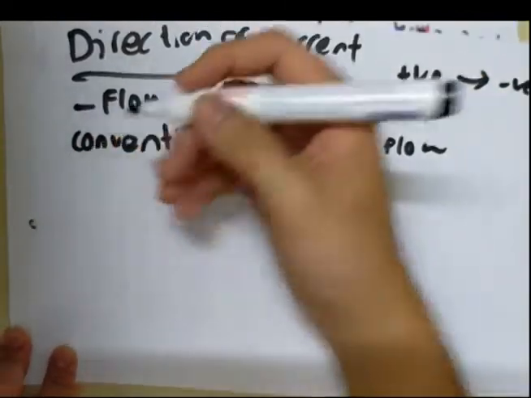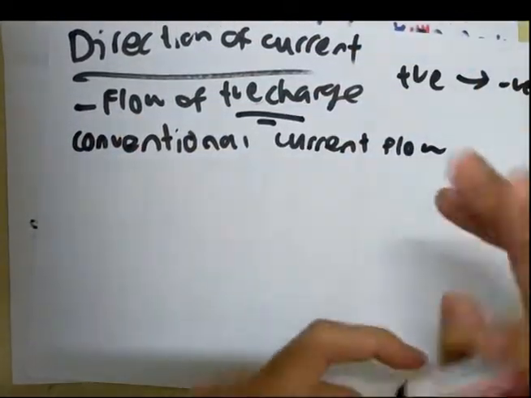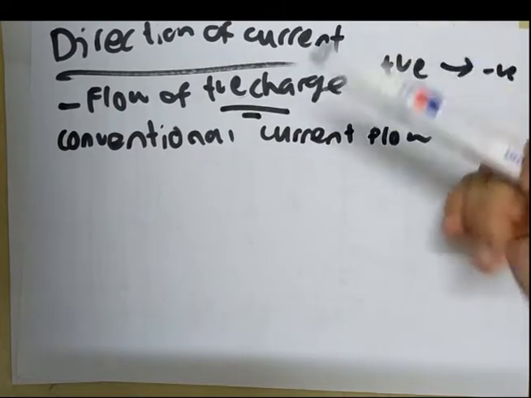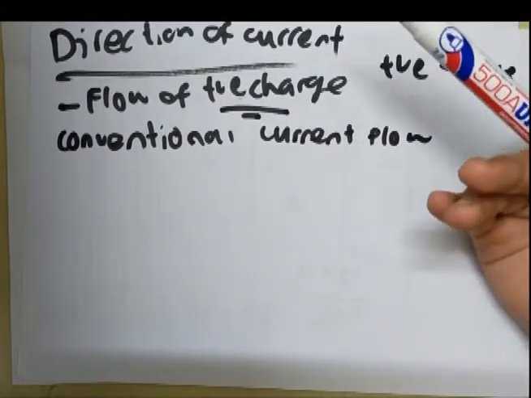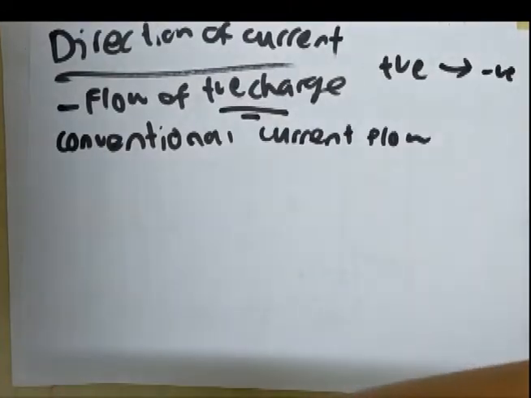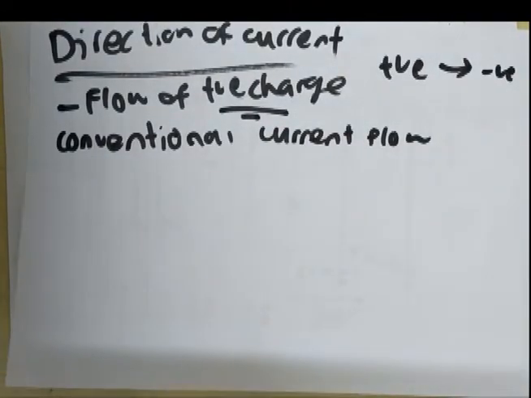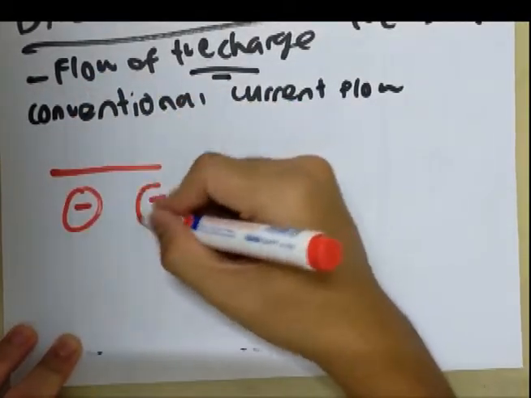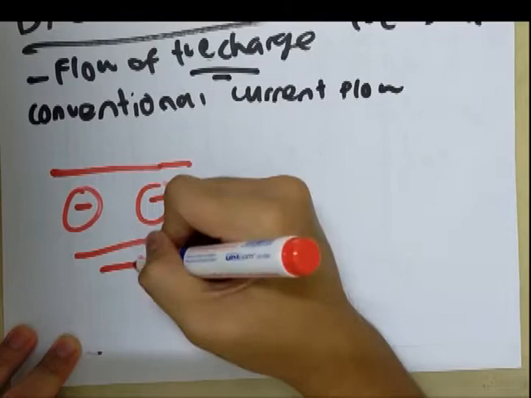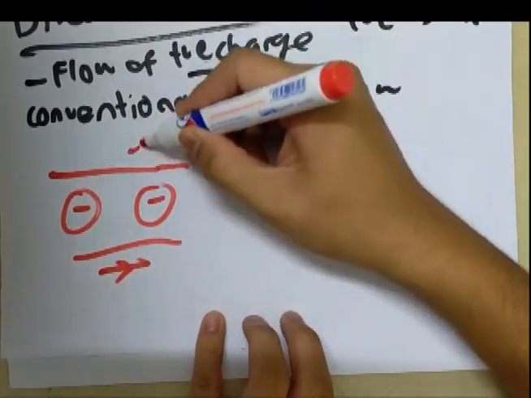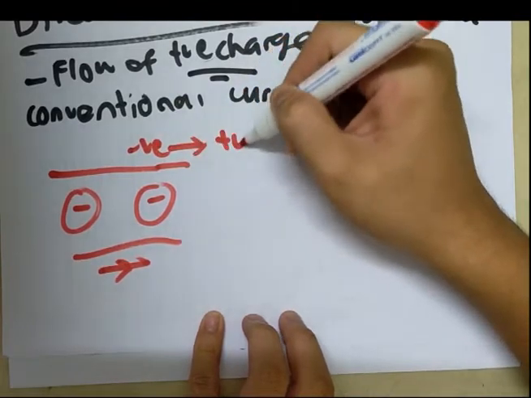Actually your positive charges don't flow. As you have learned in chemistry, it's all the electrons that move and not the protons. So if your electrons move, where would your positive charge come from? Here you have electrons moving in one direction, from the negative terminal to the positive terminal.